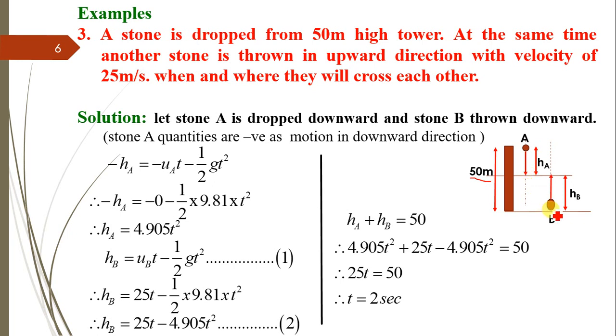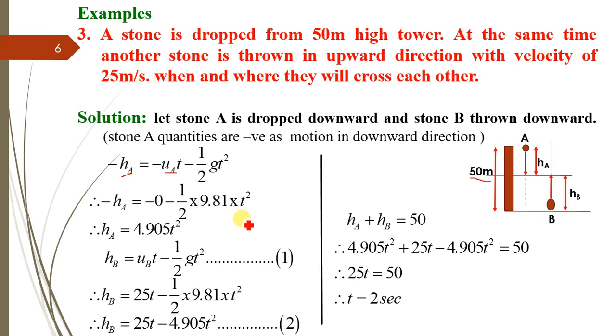Whereas for B, this is the original position from which it is thrown, and the reaching point is on the upward side, so quantities for stone B are considered positive. Therefore, minus HA equals minus UA times t minus half g t square, as HA and UA are negative.